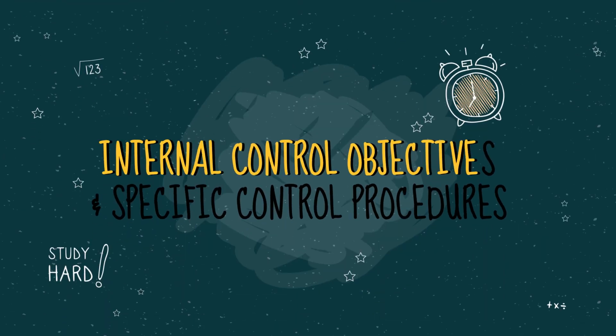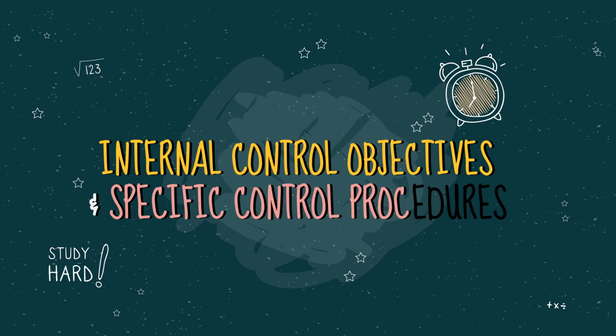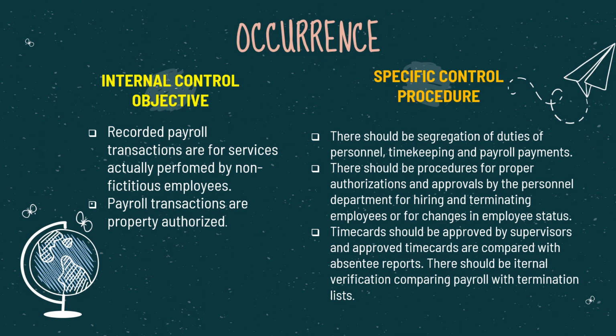Next, we will talk about the internal control objectives and the specific control procedures. The first objective of internal control is occurrence. Recorded payroll transactions are for services actually performed by non-fictitious employees. Payroll transactions are properly authorized.